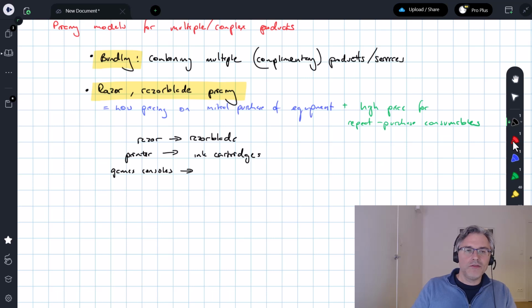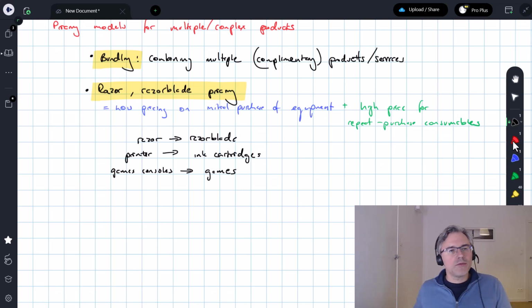They themselves are not very expensive, but the games are going to be quite expensive compared to what they physically represent. Some other examples which are completely not in your book. Think about an espresso machine, a coffee making machine.